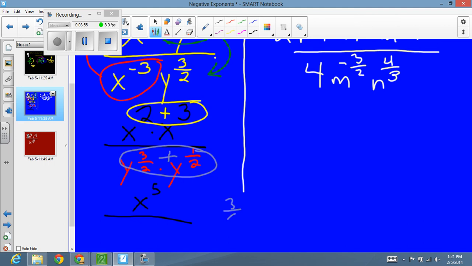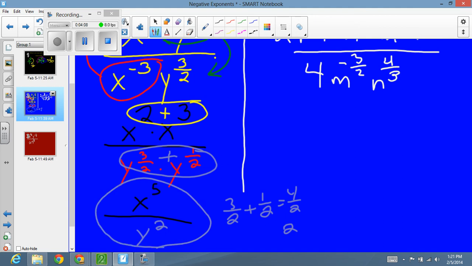Well, 3/2 plus 1/2 would be 4/2, which reduces to 2. So that's going to be y to the second power, y squared. That's simplified. I can't do anything else.